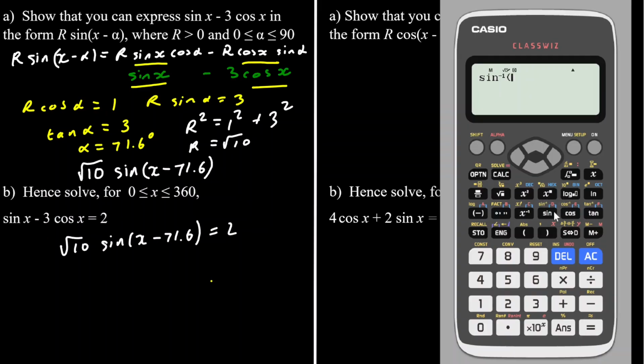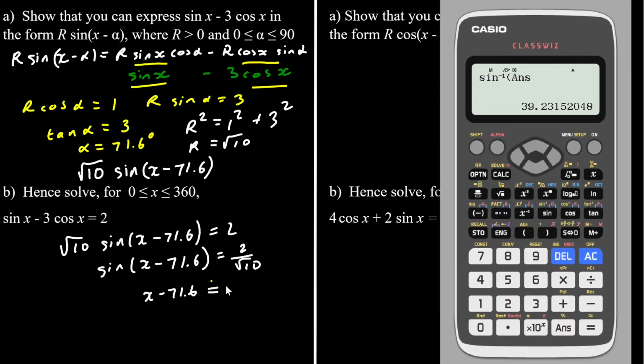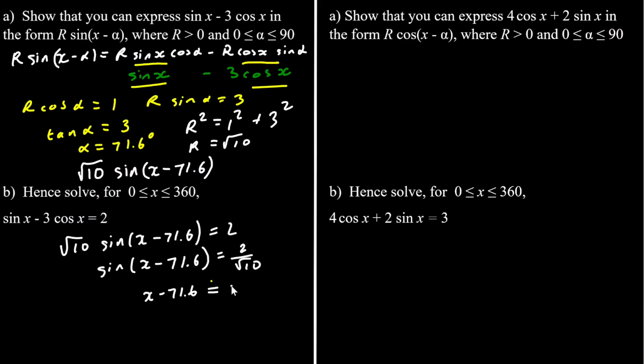Shift sine that. So 39.2. So sine x minus 71.6 is 2 over root 10. Shift sine. So x minus 71.6 is 39.2 degrees.